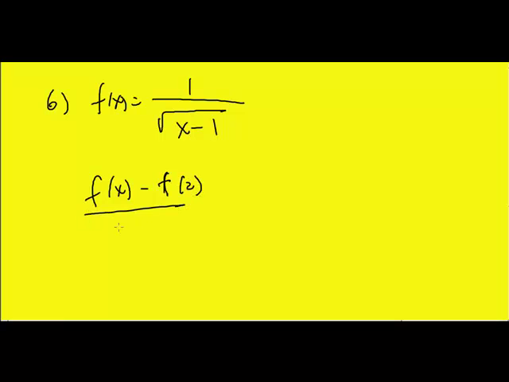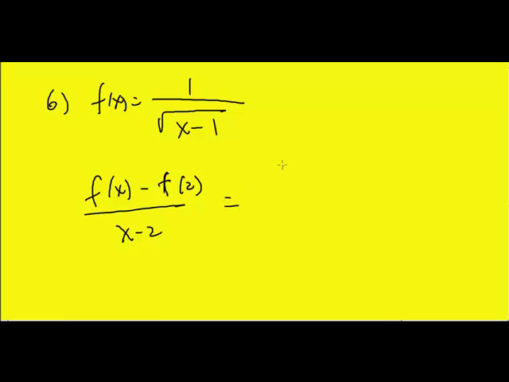Okay, 6, the second 6. F of x is equal to 1 over square root of x minus 1. Okay, they want you to find just b. F of x minus f of 2, all that over x minus 2.